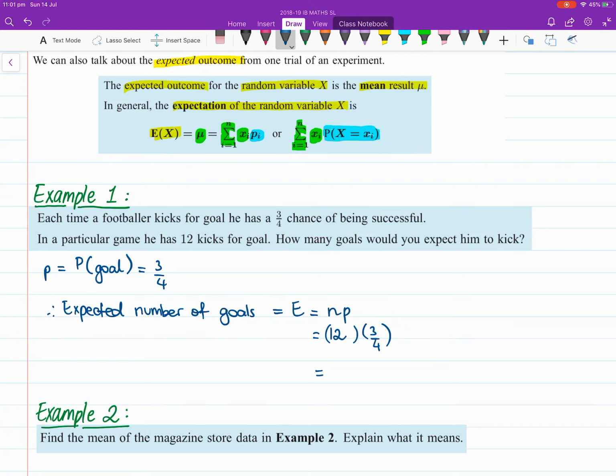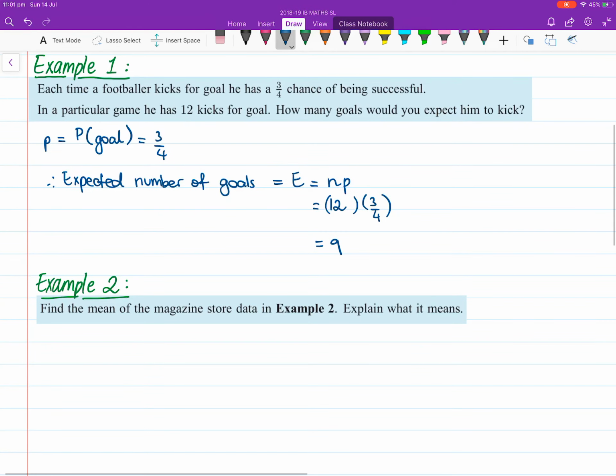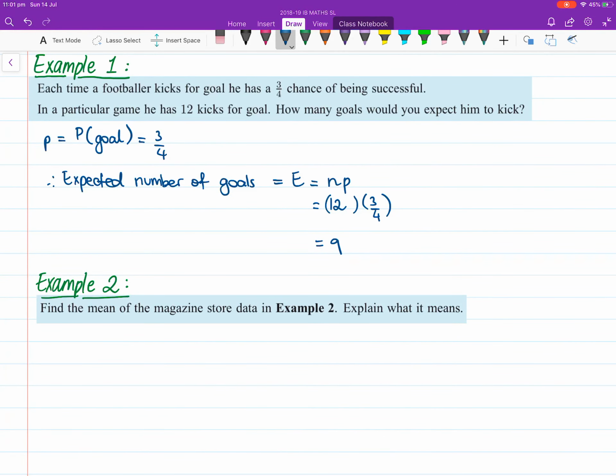Back in Year 9-10, you probably called this expected frequency, and it's the same thing. And 12 times 3/4 is 9. So we expect, in theory, that he should get a goal 9 out of the 12 times. It's very different when you actually tally the results when you're doing the experiment.